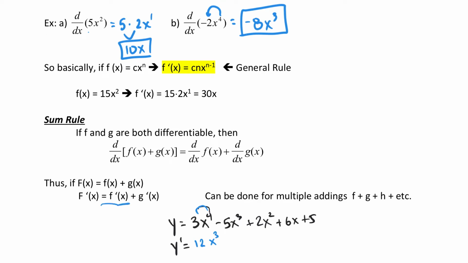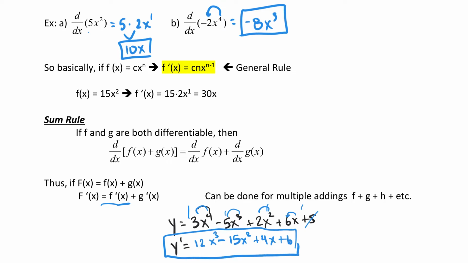And we're following this; I could take each derivative of these separately. And then over here, I'll get 3 times 5, so minus 15x squared, 2 times 2 plus 4x, because I brought it down 1 power. This becomes 1 times 6 plus 6x. Bring it down 1 power, it goes away, and the derivative of a constant is 0, so I have nothing else there. So that would be my final answer.